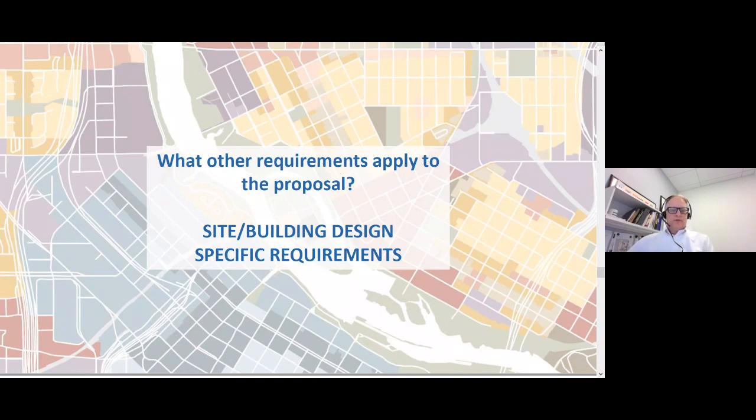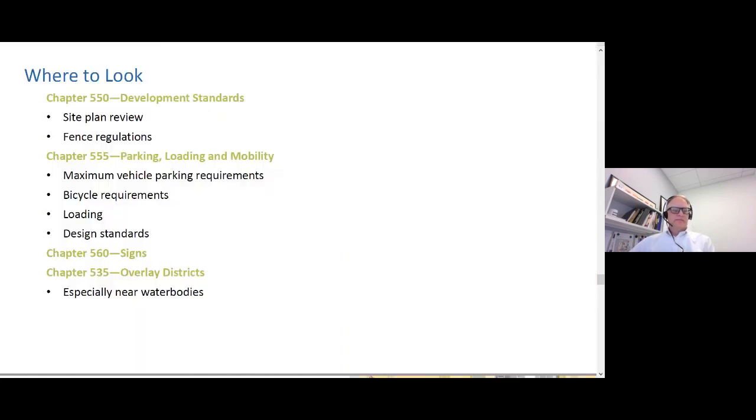Let's take a look at a few site and building design requirements. Next slide, please. Site plan review standards are now in Chapter 550. They are not part of a standalone chapter any longer. Fence regulations are also in that chapter. Chapter 555 includes parking, loading, and mobility standards.